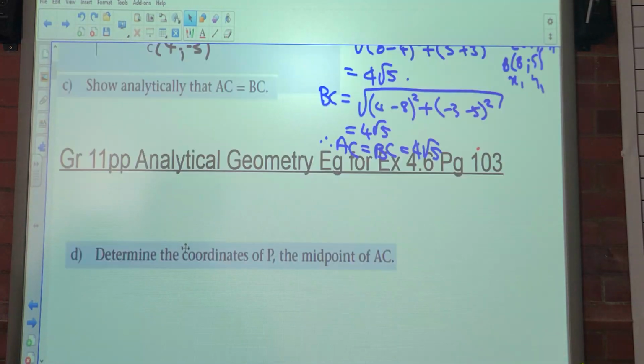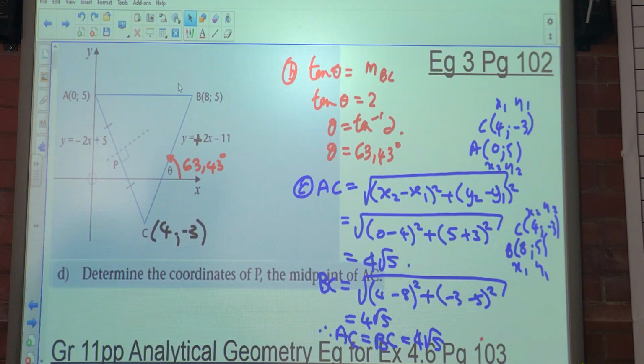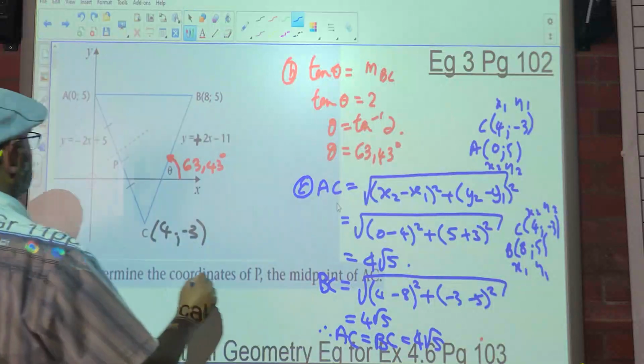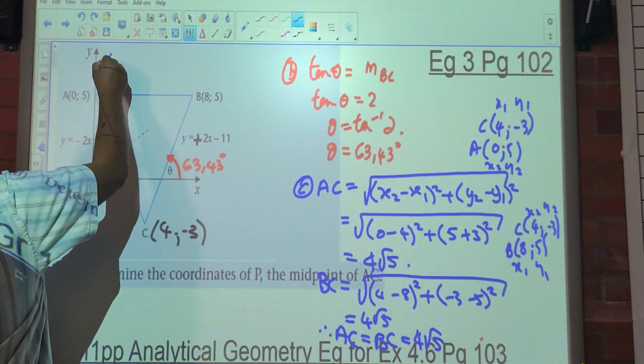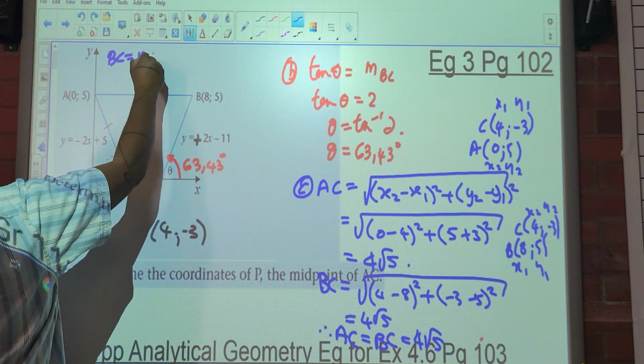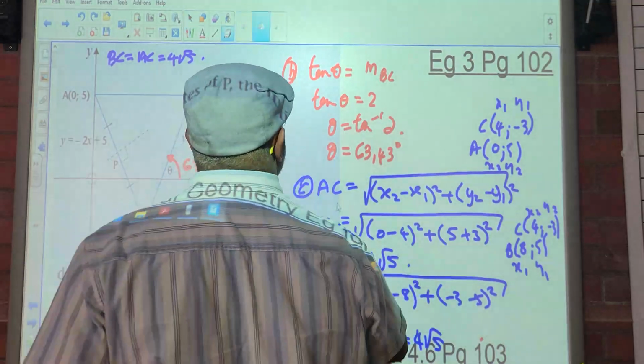Let's look at D. Determine the coordinates of P, the midpoint of AC. We just put in this information here. So BC is equal to AC, which is equal to 4 root 5.